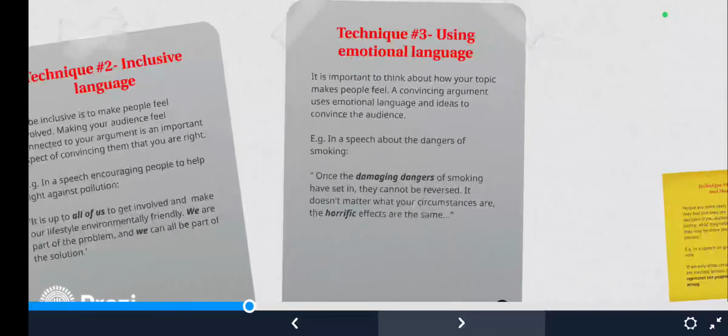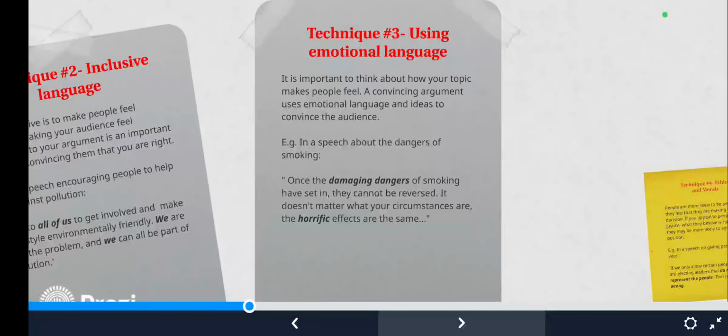Technique number three, using emotional language. This is very important. You can make the person that is listening feel emotionally attracted to the product that you are selling. For example, it is important to think about how our topic makes people feel.